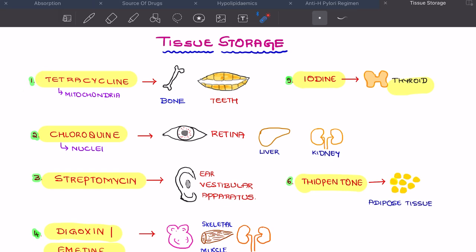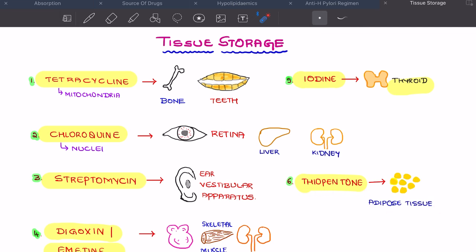Tetracycline gets accumulated in the bone and teeth. Chloroquine gets accumulated mainly in the retina, liver, and the kidney. Streptomycin gets deposited mainly in the ear, that is in the vestibular apparatus. Digoxin as well as emetine get deposited in the heart, skeletal muscle, kidney. Iodine gets deposited in the thyroid. Thiopental gets deposited in the adipose tissue.